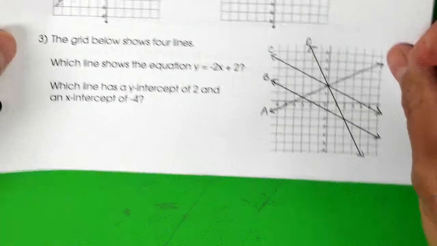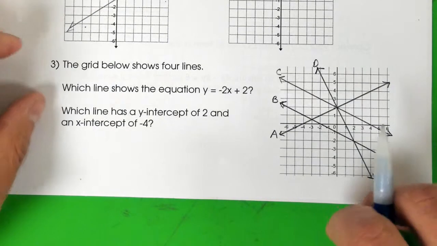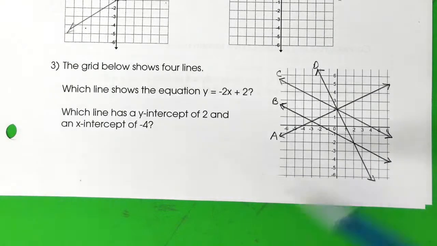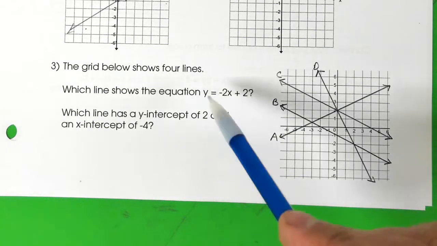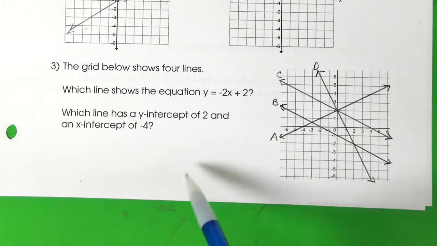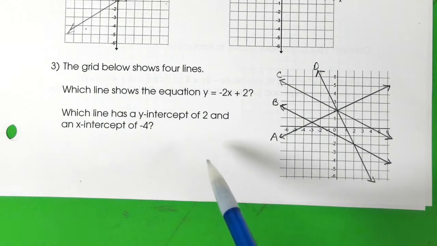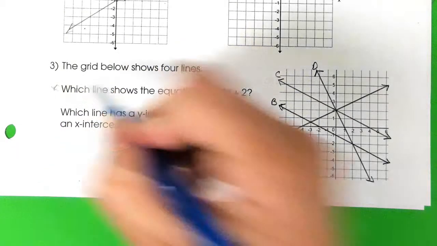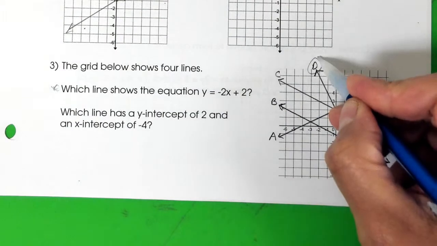All right, the next section has us trying to find an equation and some features off of several lines. So pause the video again here and read the two questions and try and figure out which line is which description. All right, the line that shows negative 2x plus 2 is line D. How do we know that?